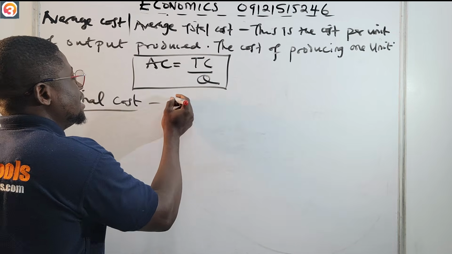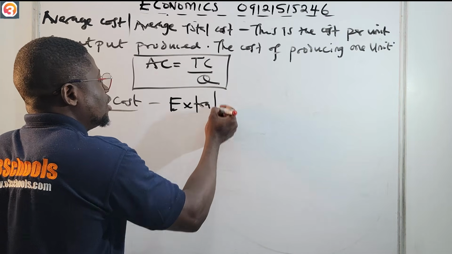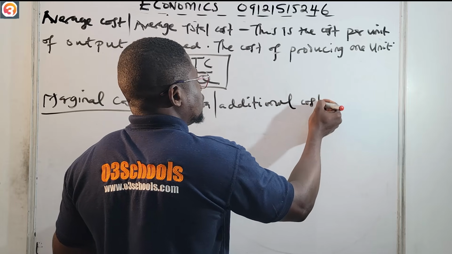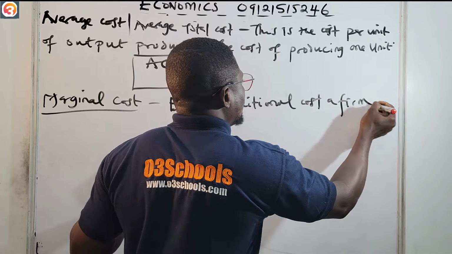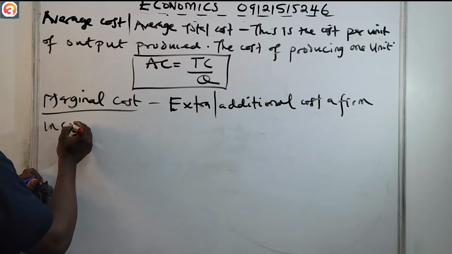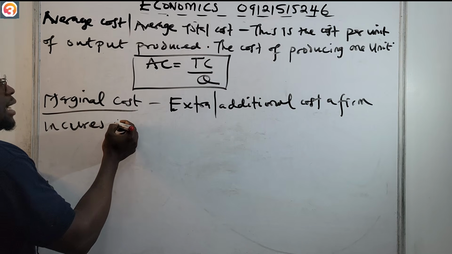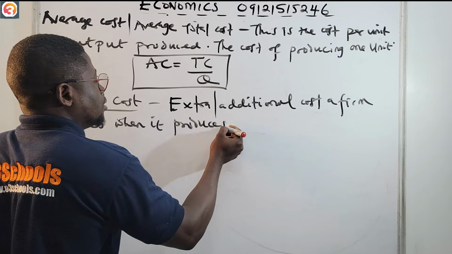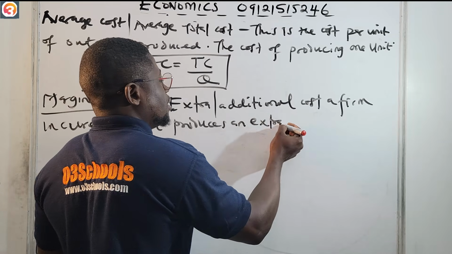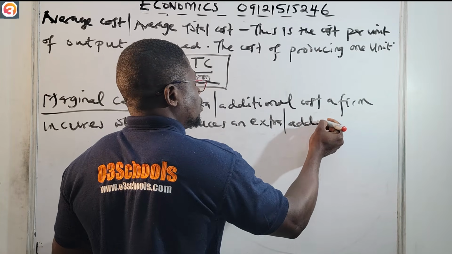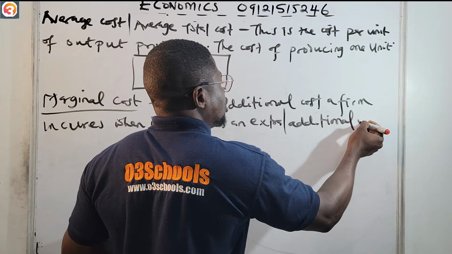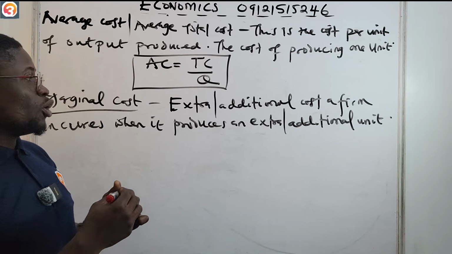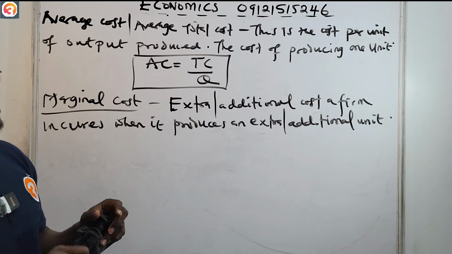So this one is the extra or additional cost a firm incurs when it produces an extra or additional unit. That's what we call marginal cost.